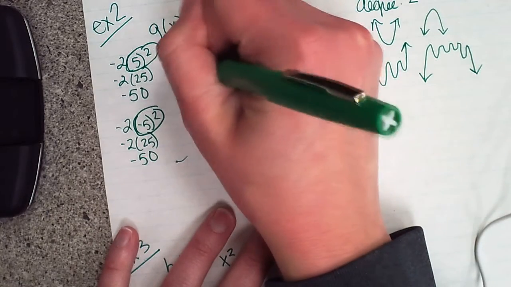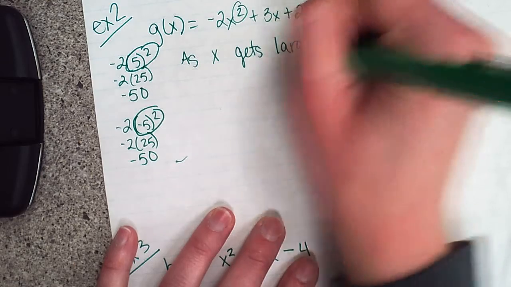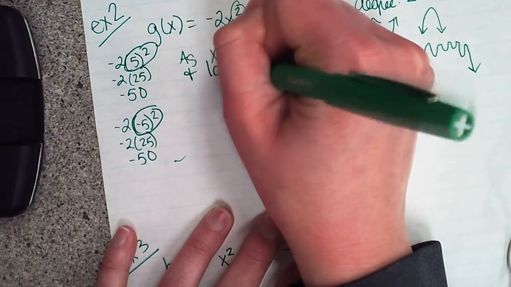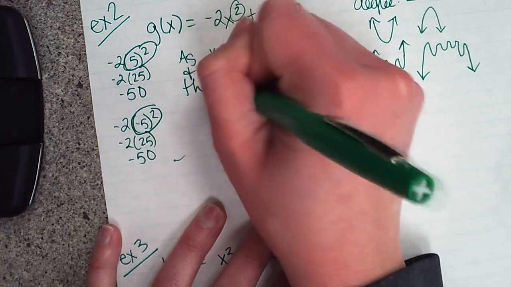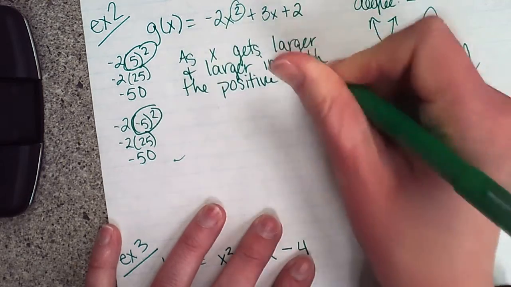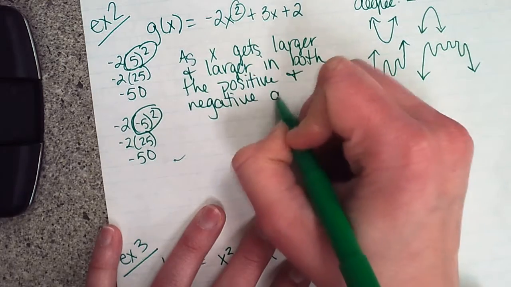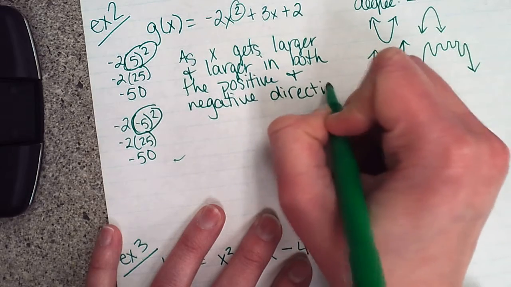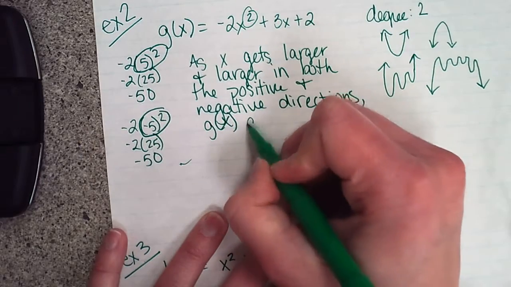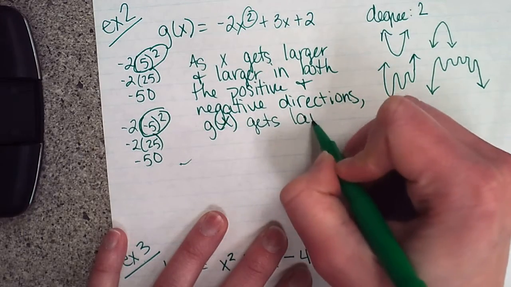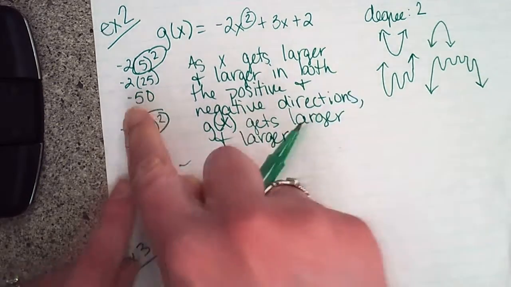So I can say as x gets larger and larger in both the positive and negative directions, g of x, my name of the function, gets larger and larger in the negative direction.